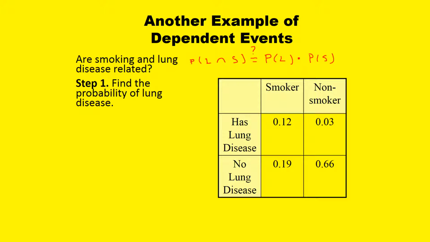Probability of lung disease, okay, so this expression right here, that's the first row, and right there we've got your 0.15.